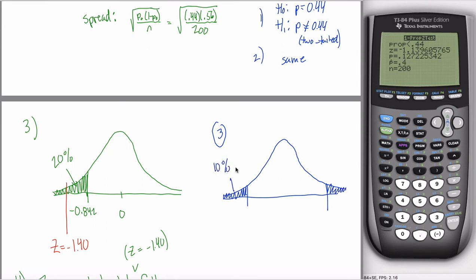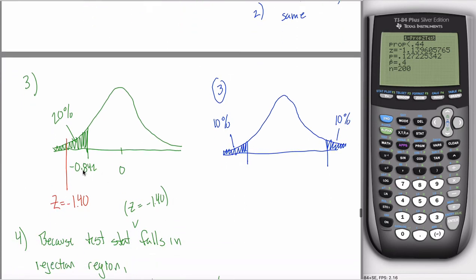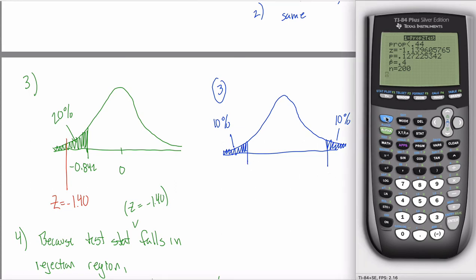Here's 10%, here's 10%. So it's not a critical value that I'm looking for this time. It's two different critical values, but I can get them the same way. It's just inverse norm. Area below this point would be 0.1. Center and spread are 0 and 1 because I still want normalized values. Tells me that's negative 1.28.